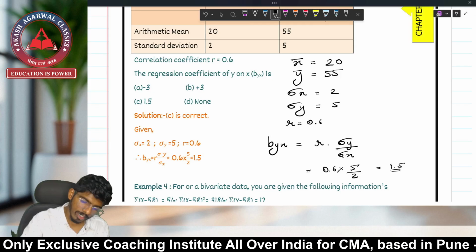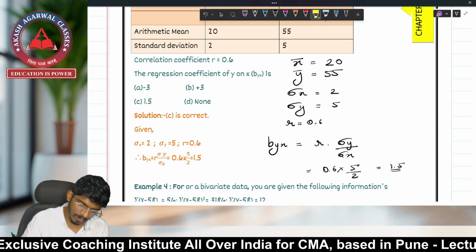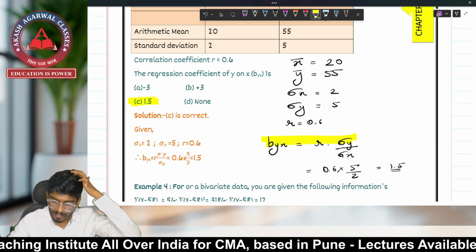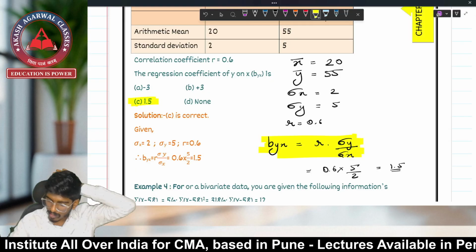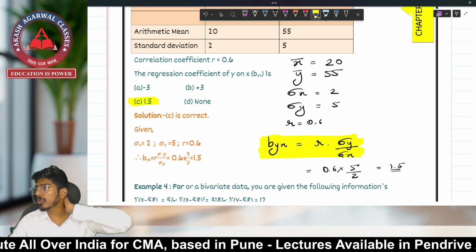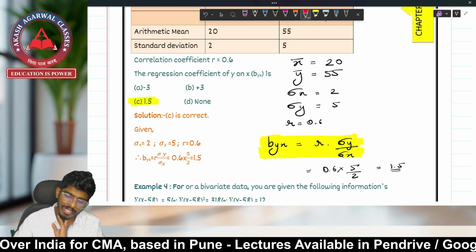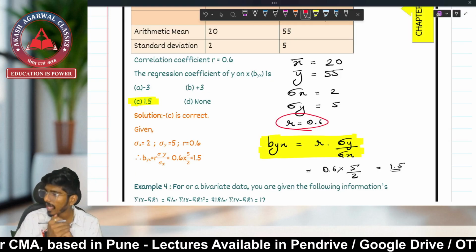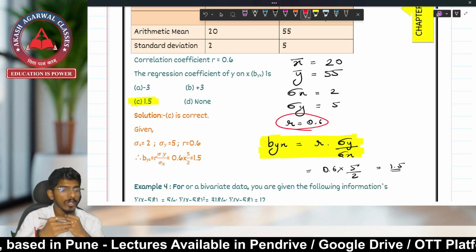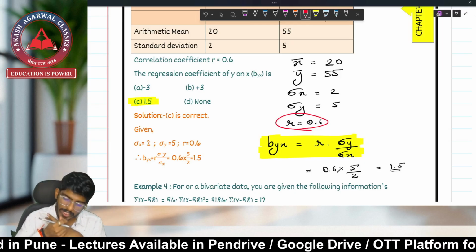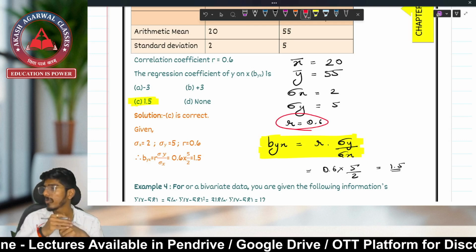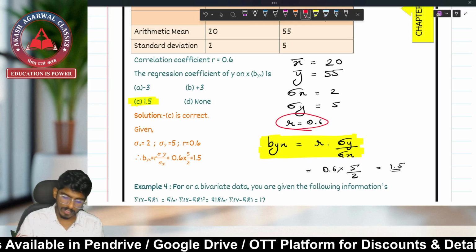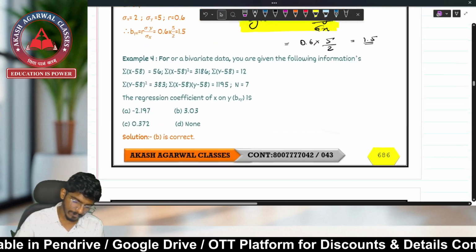So your y on x is 1.5, option number C. So this is the formula that we have written in our table, and this is the easiest formula. This formula is going to be used only and only when we have r's value given. When they have given us the correlation coefficient, that is r's value that we have studied in the correlation chapter, that's when we can solve this formula, when I have r and when I have standard deviations. So at that time this is the easiest formula.